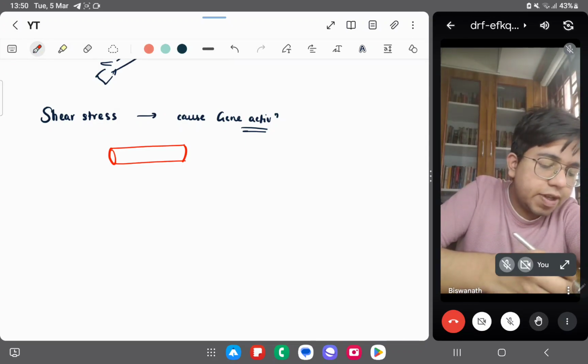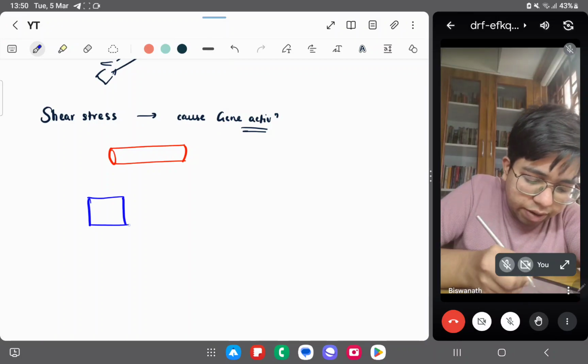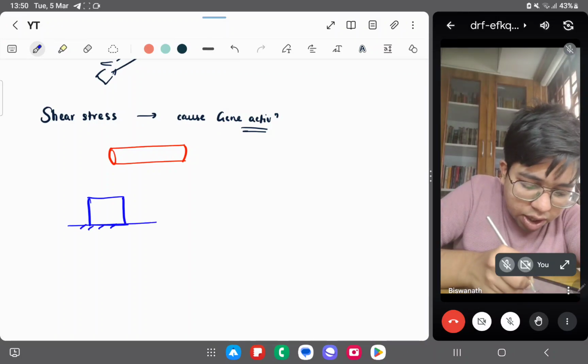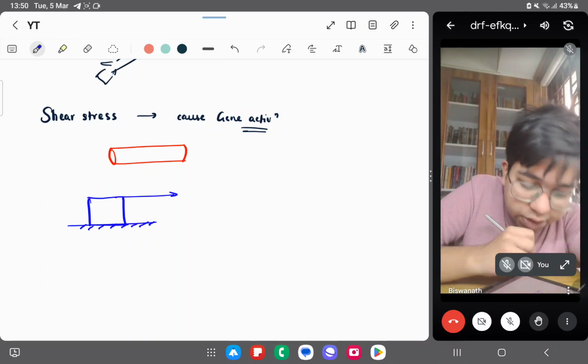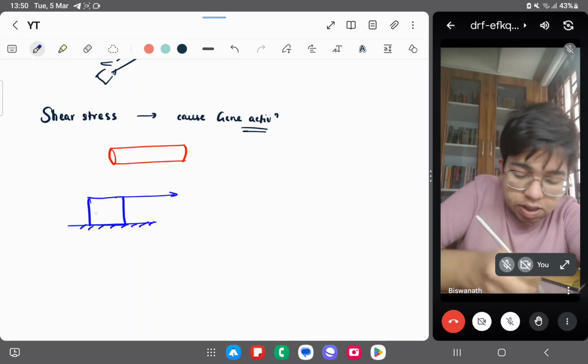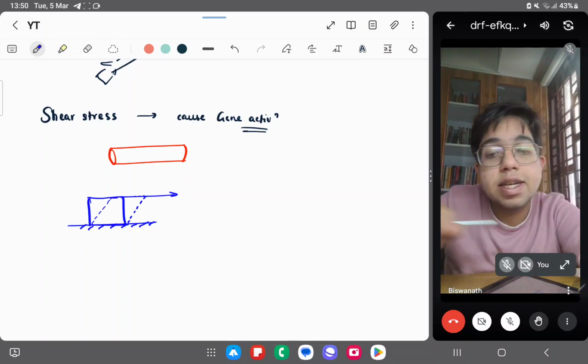If this is a blood vessel, and if you give a force, you can relate it with physics. This was a block lying on the ground. You must have drawn free body diagrams and all. This is the force which is given like this, due to which it gets distorted.